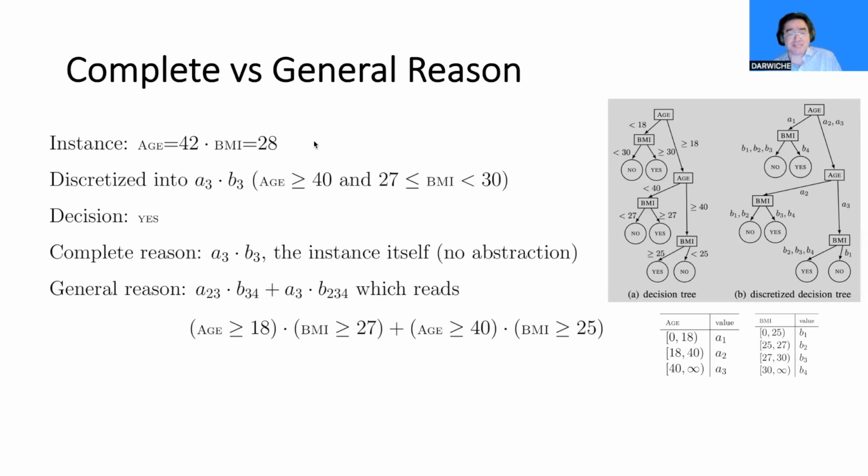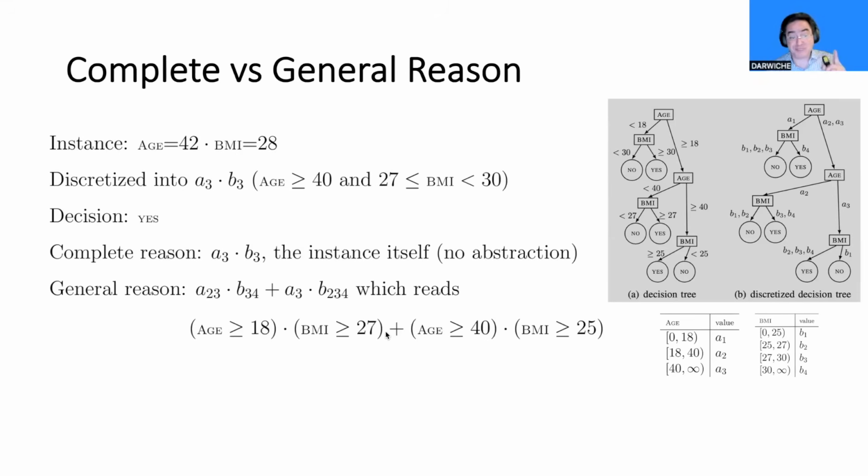So basically, any other instance that satisfies this condition will be treated similarly. Now, the decision is yes. The complete reason in this case is just this, the instance itself. So the complete reason did not do any abstraction. The general reason is this, which when decoded looks like this.